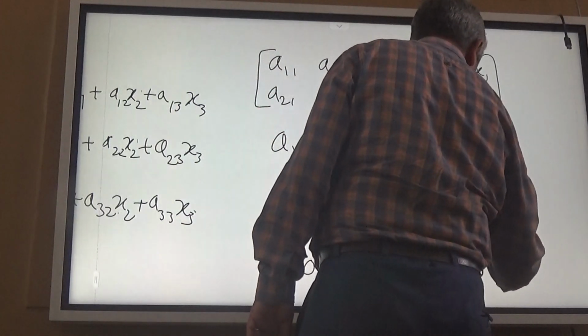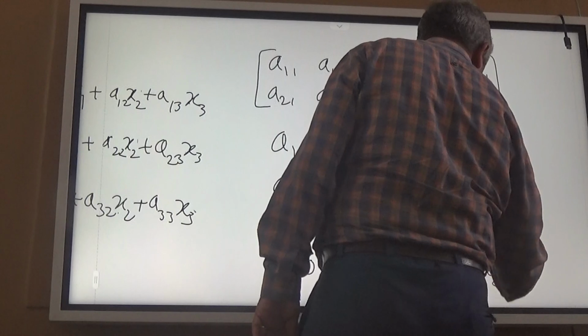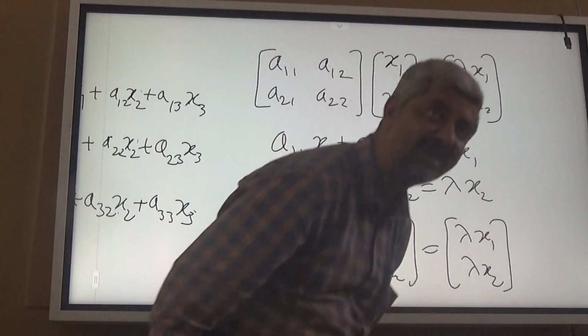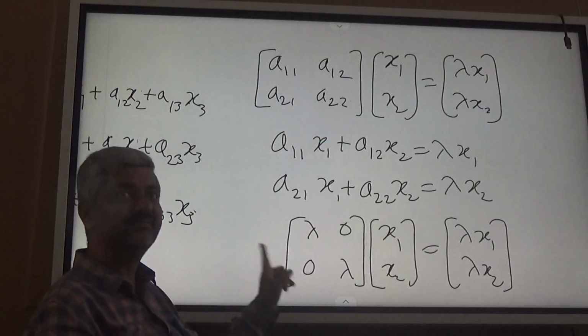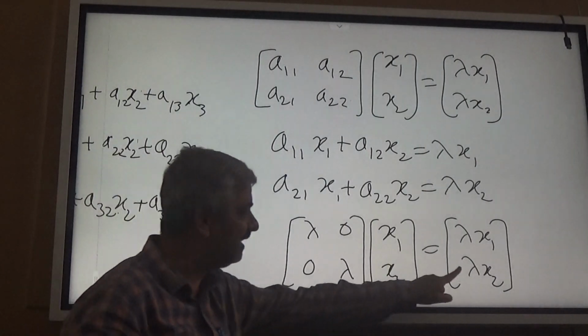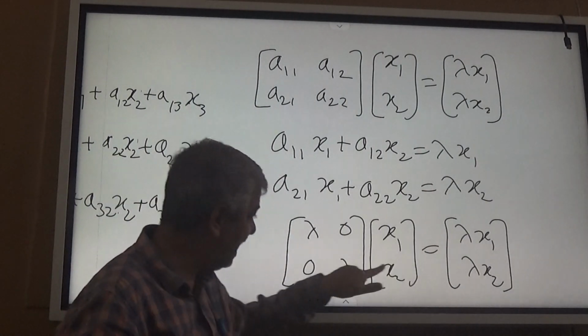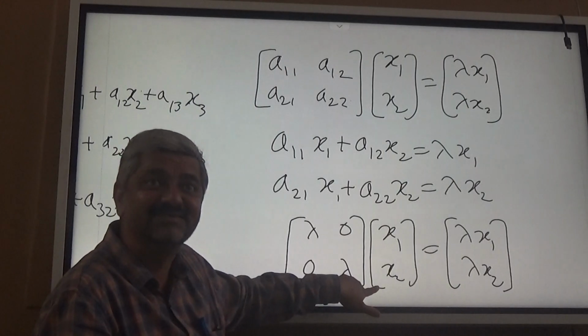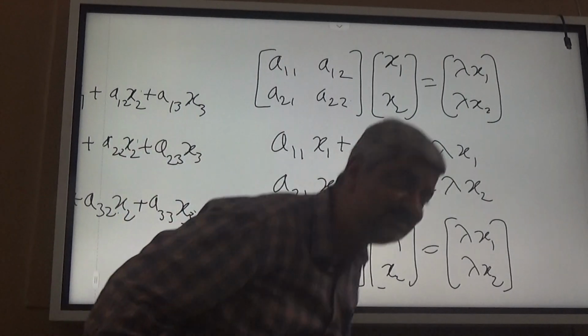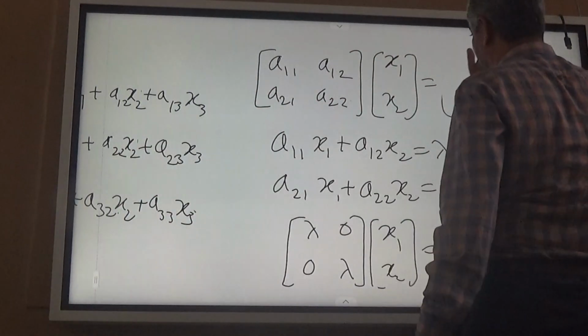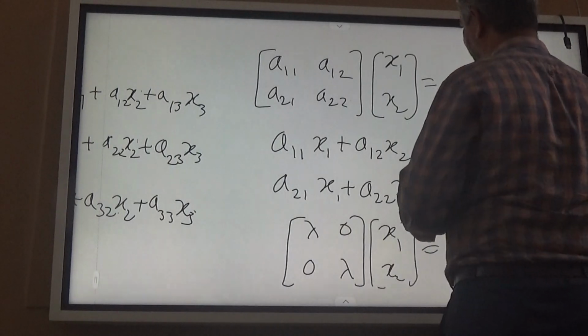Am I right? Is it okay? So for lambda x1, lambda x2, I write this. If I write this, it becomes somewhat easy for me now.